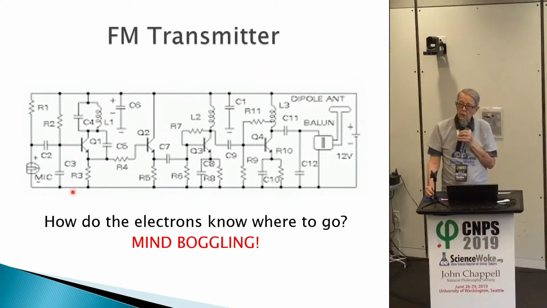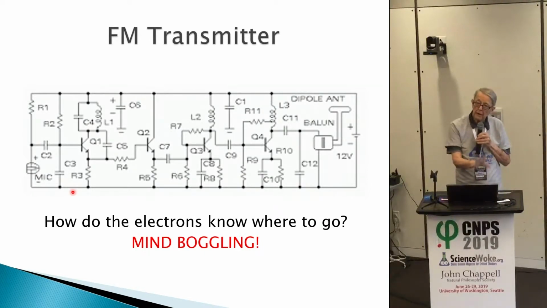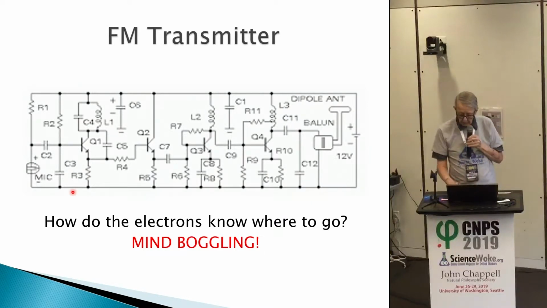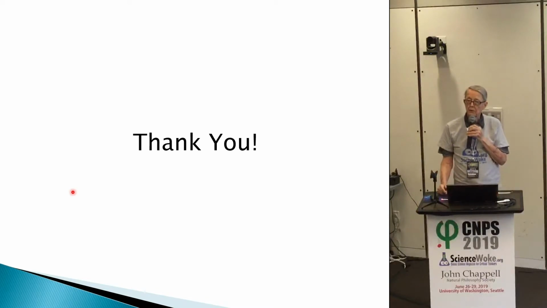How do the electrons know where to go? And you know they get to the right place every time. It's deterministic. I'm not going to explain that. To me, it's mind-boggling to think that there's a G2 field all around this circuit and they're all overlapping and guiding the G1s. It's mind-boggling. Thank you. That's my presentation.